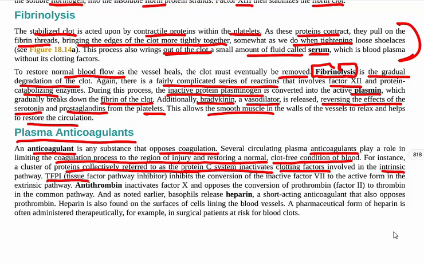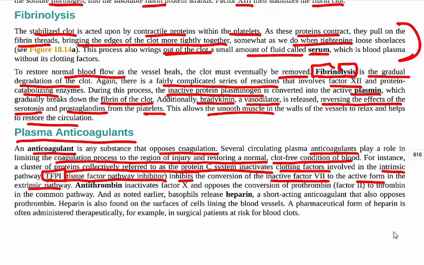Tissue factor pathway inhibitor, TFPI, inhibits the conversion of the inactive factor 7 to the active form in the extrinsic pathway. So we have two different things here. They are giving examples here of the anticoagulants. We have the protein C system, right, which inactivates clotting factors that are in the intrinsic pathway.